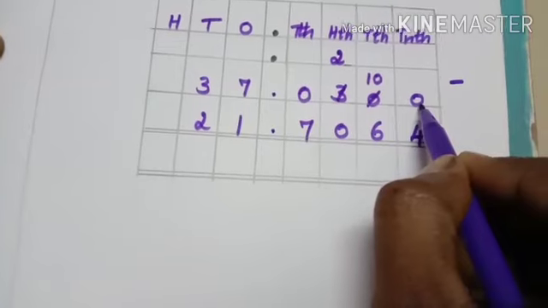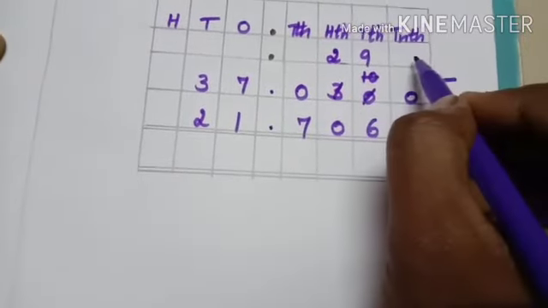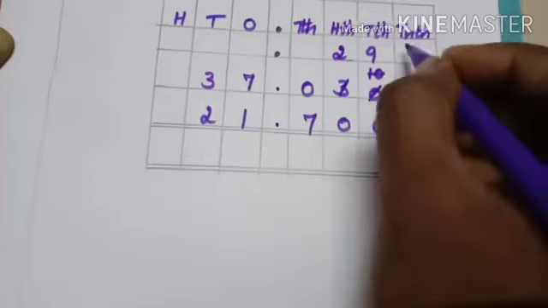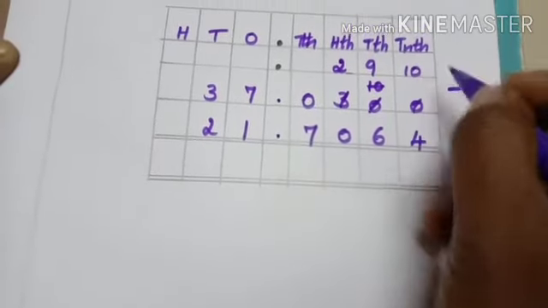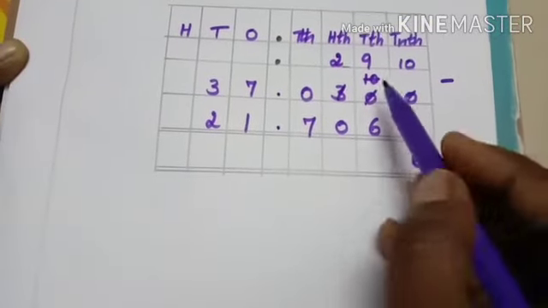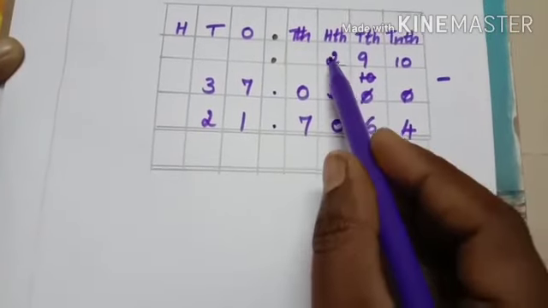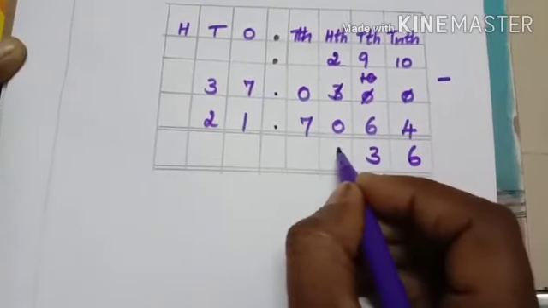Here also 0, so we need to borrow from the thousandths place. So 10 becomes 9, and here it becomes 10. So 10 minus 4 is equal to 6. Here 9 minus 6 is 3. Here 2 minus 0 is 2.